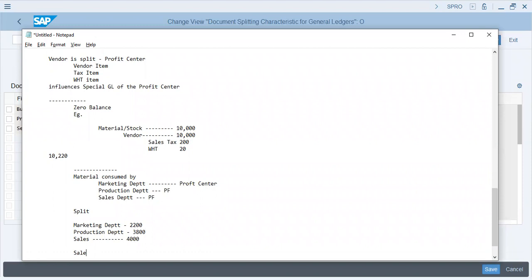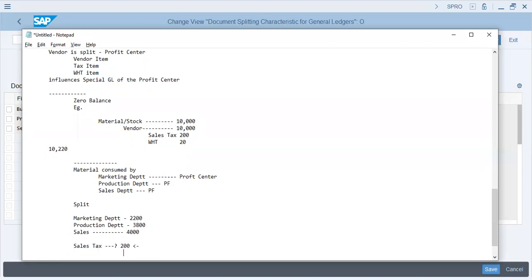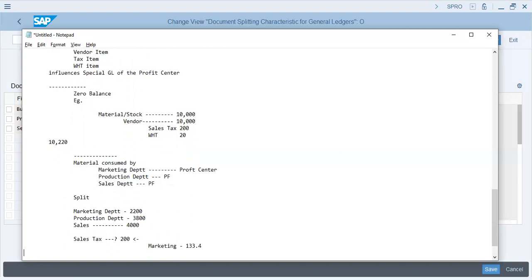What about sales tax? Sales tax will be divided 200 divided by 3, for example, or as per percentage. So marketing will have 133.4, let's say. Sales 28.3.